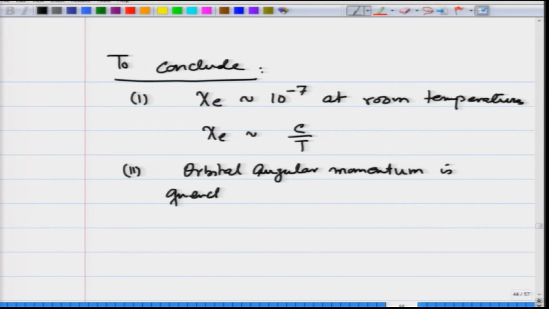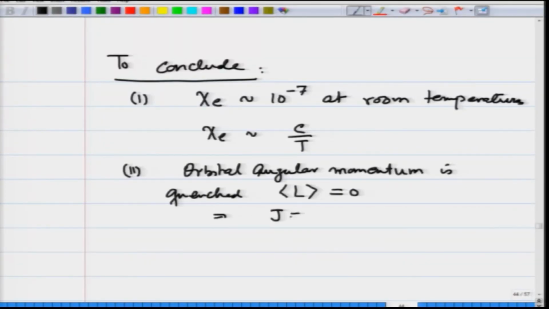This is the technical term, and that means basically L expectation value becomes 0, which is a mathematical statement of saying that L is no longer a good quantum number, it cannot be defined, and this means that J is equal to S, and the Landé g factor in these systems corresponds to S, and g therefore comes out to be 2.